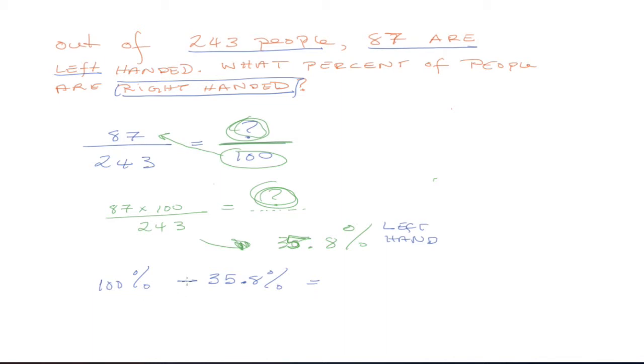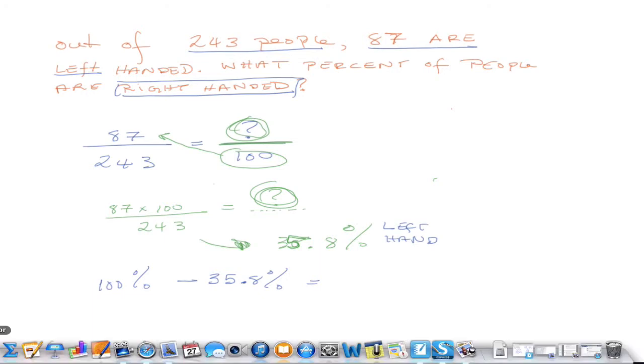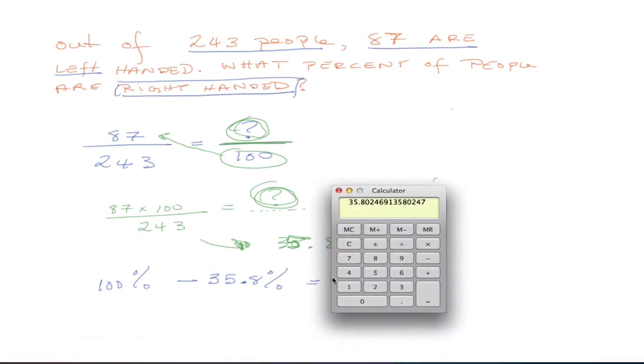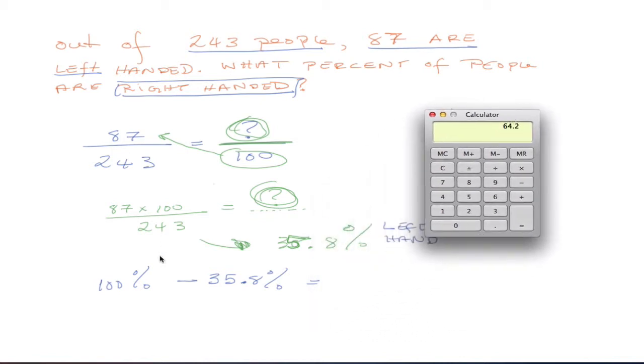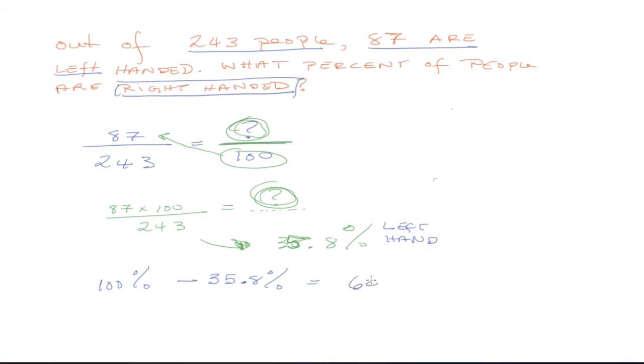So let's get our calculator again. 100% minus 35.8% equals 64.2%. So how many right-handed people are there? 64.2% right hand.